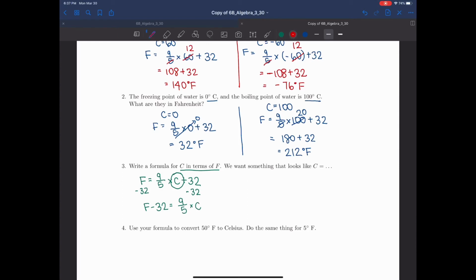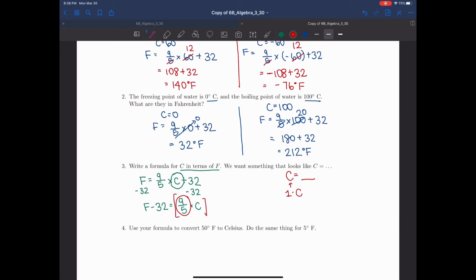So how to deal with fractional coefficients? Well, the coefficient is just a fancy word for the factor that you multiply the variable by. We want something that looks like C equals blank eventually, but C is the same thing as 1 times C. So we want to multiply both sides of this equation by something that cancels out the 9 over 5, but leaves 1.